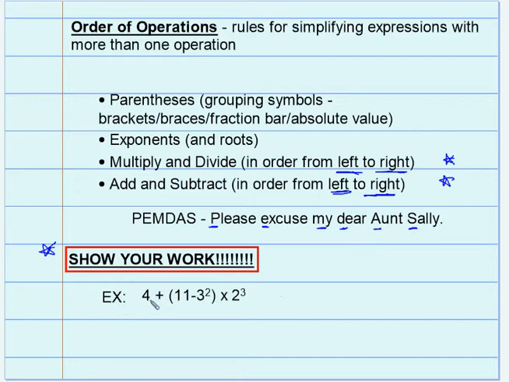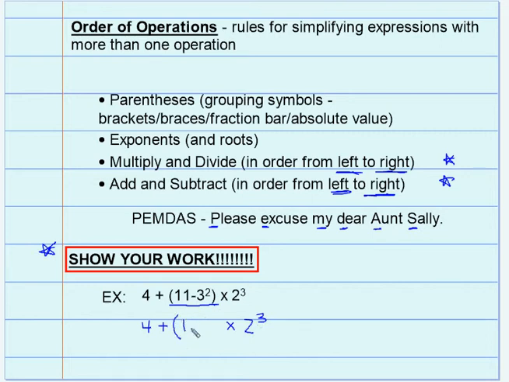The example: 4 plus the quantity of 11 minus 3 squared times 2 cubed. Starting with parentheses, so do we have parentheses? Yes, we do, and you might find it useful to underline. Then I'm going to write down what is around it because we need to simplify this first.